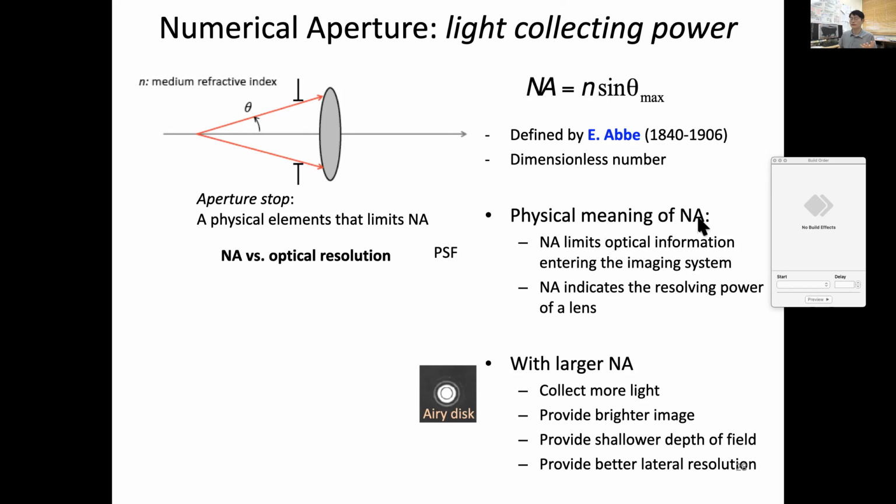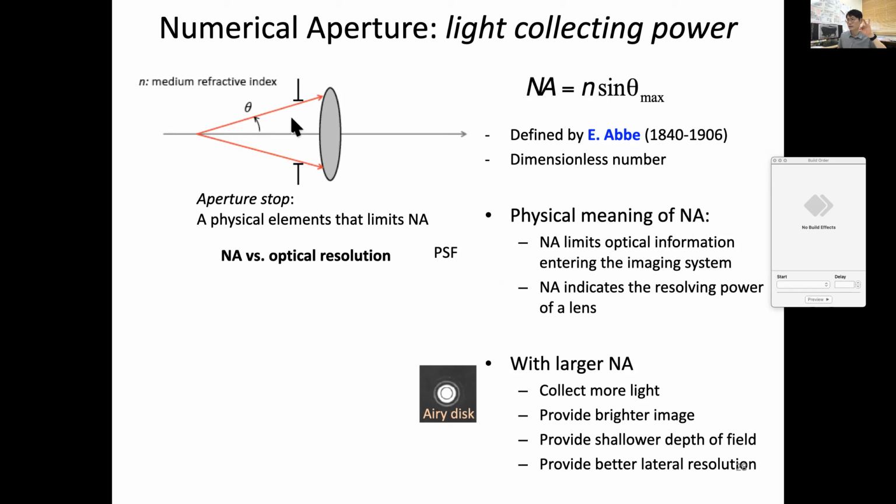So what's the meaning of this numerical aperture? NA limits the optical information entering the imaging system. As I described, the diffraction, the final information or final grating will diffract further, and that will be lost.